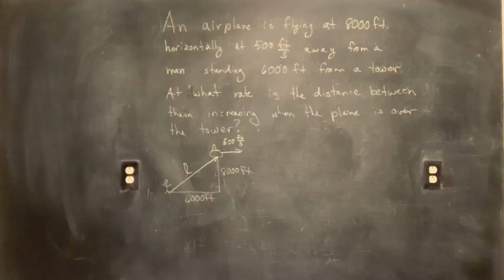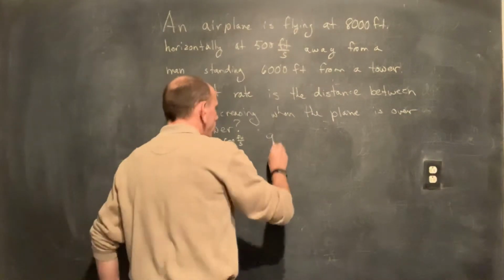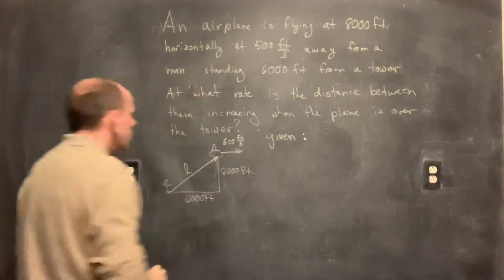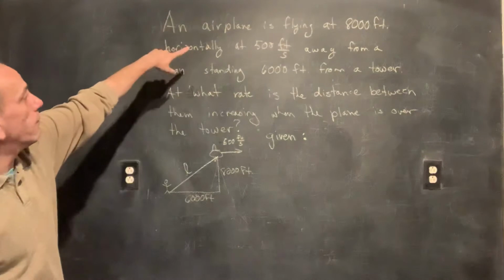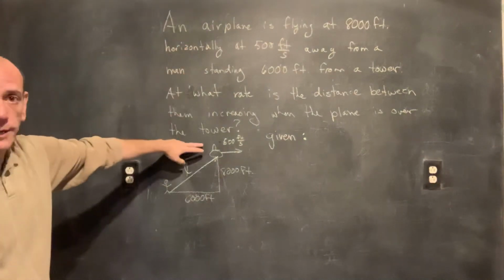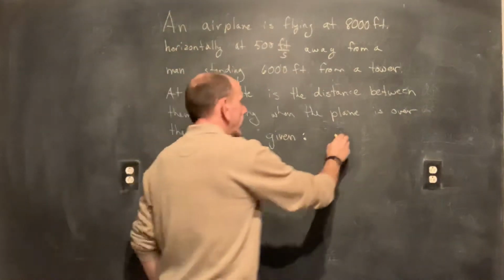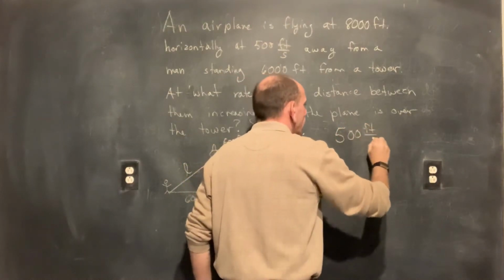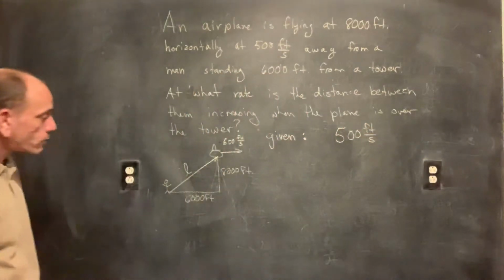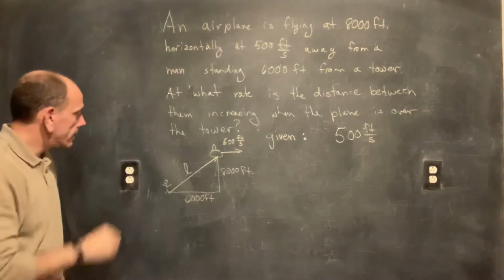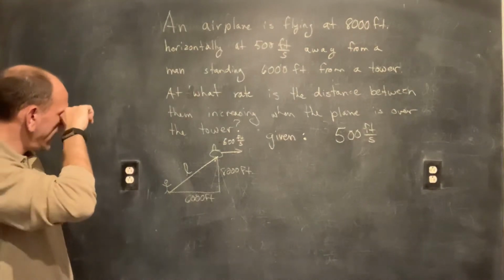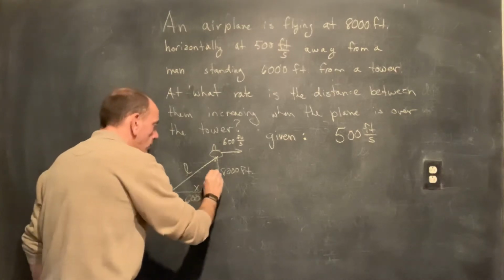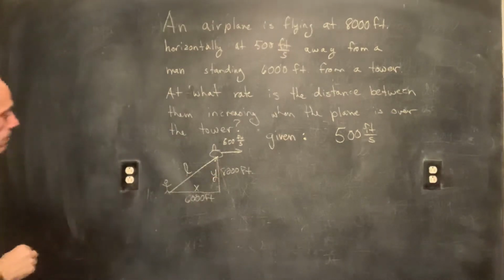Okay, so let's see, our given rate. Well, the plane's flying at 500 feet per second, so there's a clear rate there. Let's give this a name. Let's just say x and y, just to be normal.